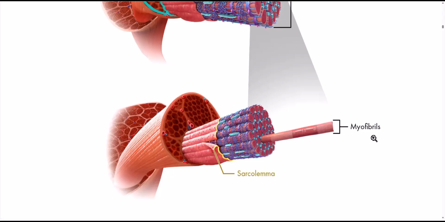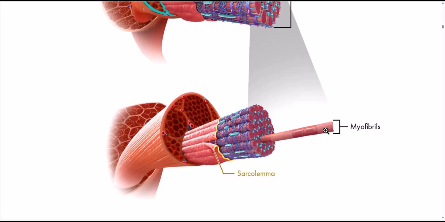We learned about a lot of different cellular organelles back in chapter 3, the Golgi, the endoplasmic reticulum, the nucleus, the centrioles, the lysosomes, etc. Myofibrils were not introduced back then because myofibrils are not found in all cells, but are a specialized organelle found in muscle cells. And they run the entire length of the muscle cell. As you can see, the muscle cell is largely just filled with these elongated myofibrils.